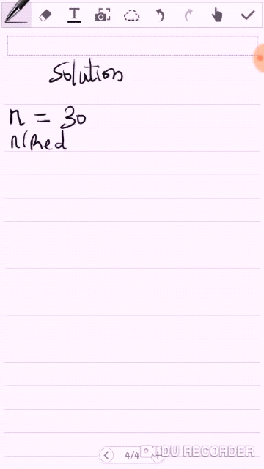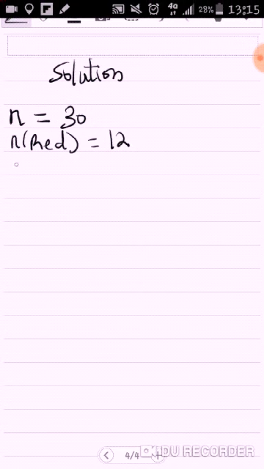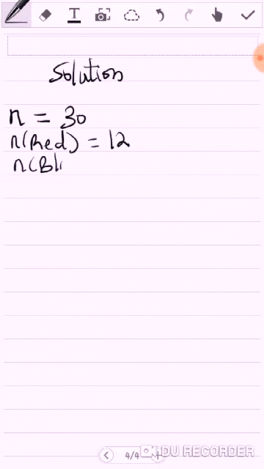So, solution. All right. From the question, we saw total number is 30. Number of red, 12. Number of blue, 18.